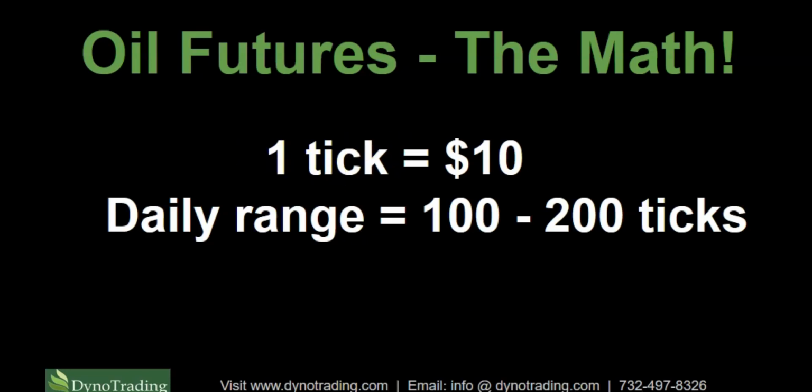As an example, if you buy oil at exactly $29 and you sell oil for $29.01, that's one tick. If you did that, you just made yourself 10 bucks. So that's the profit measurement with oil futures: one tick equals 10 bucks.